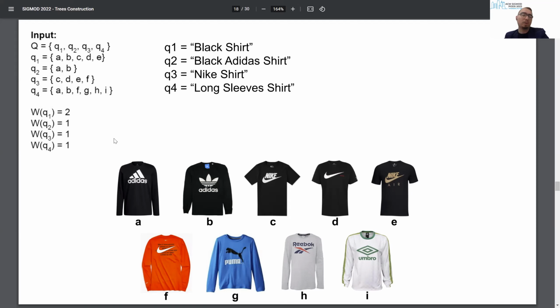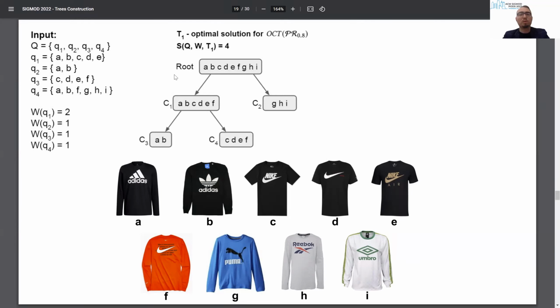And here, you can assume that those queries are black shirt, black Adidas shirt, Nike shirt, and long sleeve shirt. So these are exactly the elements that will be returned. And you have only 9 elements, but this is just a demonstrating example. It's very small, just to demonstrate the operation of the algorithm. So one of the possible solutions that you can get is this tree. What does this tree resemble?